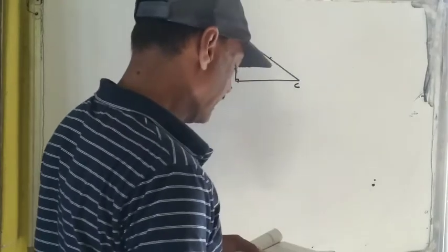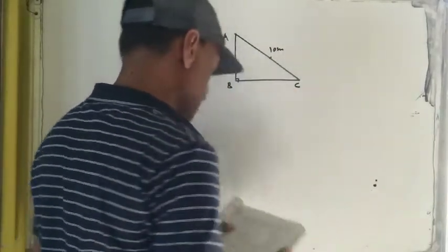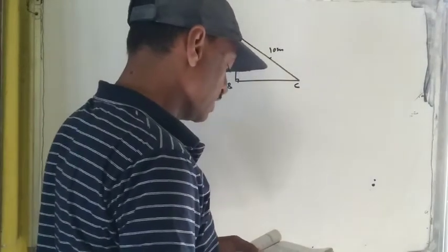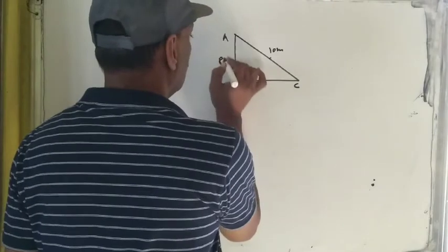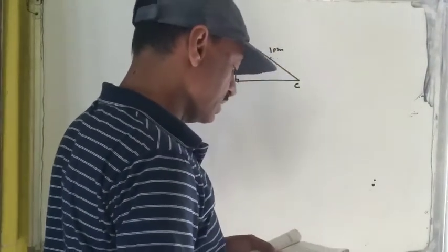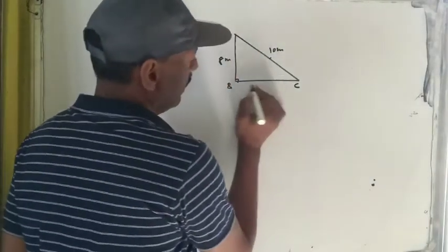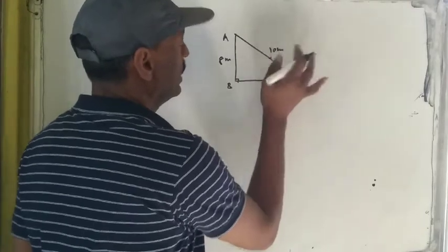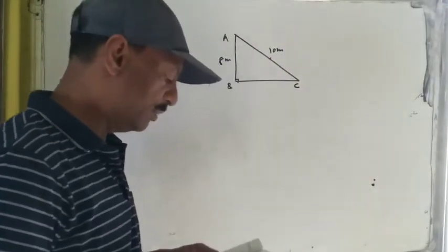The length of the ladder is 10 meters, and it reaches a window 8 meter above the ground. This is the window of 8 meter height. Now find the distance of the foot of the ladder from the base of the wall. So we have to find this length BC. By using the Pythagoras theorem, you can get this solution without any problem.